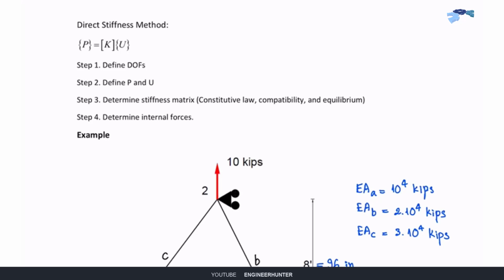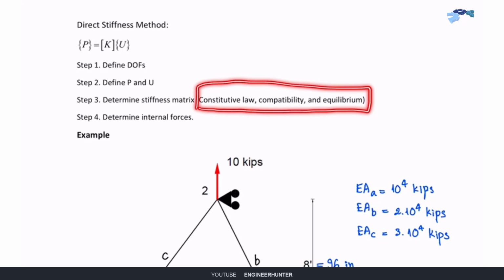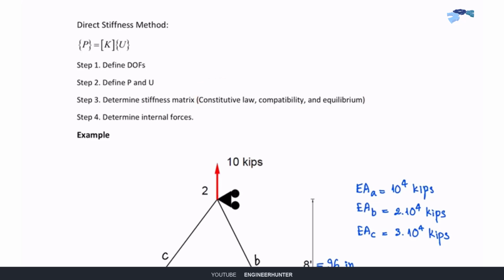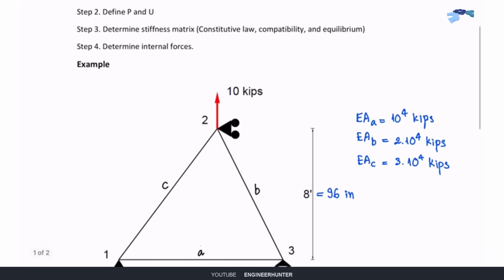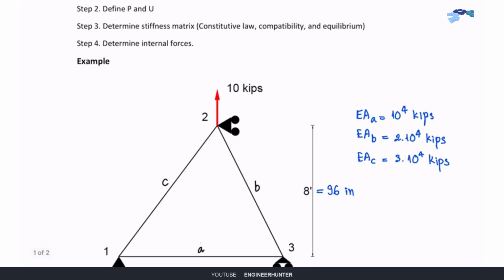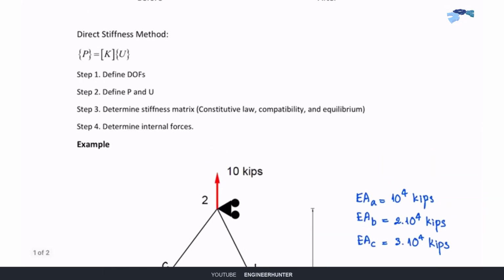But I will not talk in detail about this part here, but I will show you how you can formulate the stiffness matrix in order to do the structural analysis. And the last step is we can find the internal force after we find the first 3 steps here.